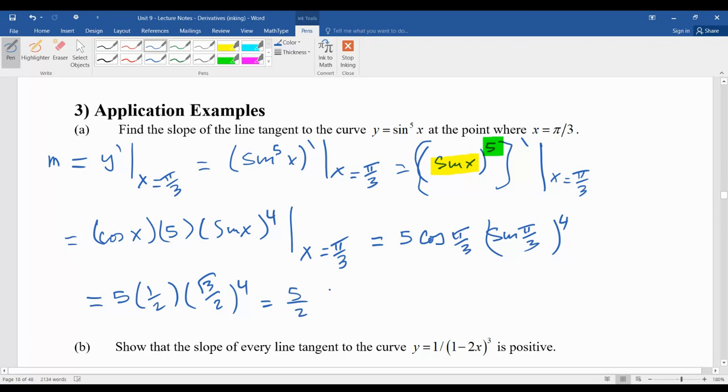Root 3 times root 3 is 3, and another root 3 times root 3 is 3, and 3 times 3 is 9. Then 2 to the fourth is 16. So 9 times 5 is 45, and 2 times 16 is 32. You keep it as 45 over 32. There is no common factor between the two, so we leave it as is.